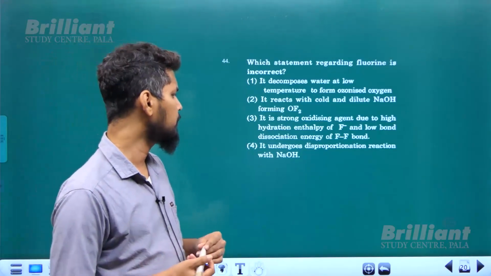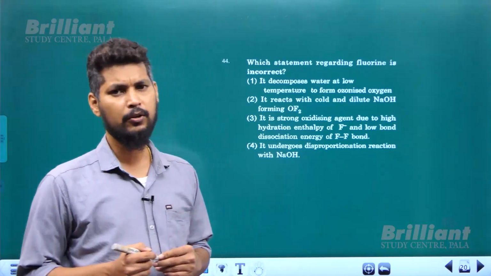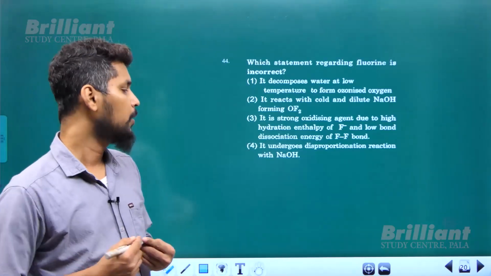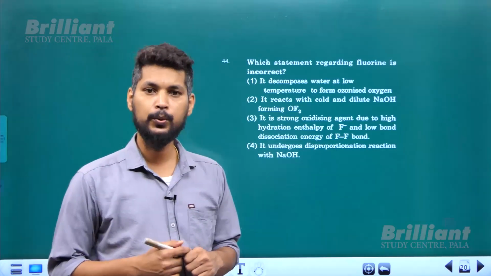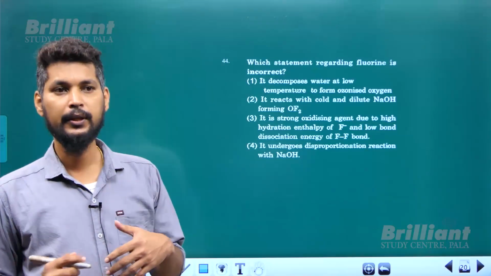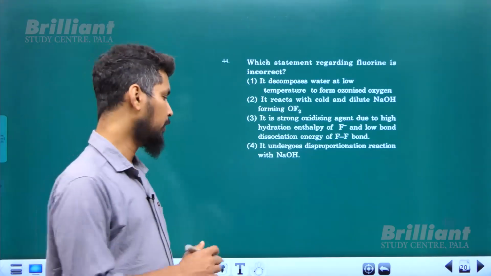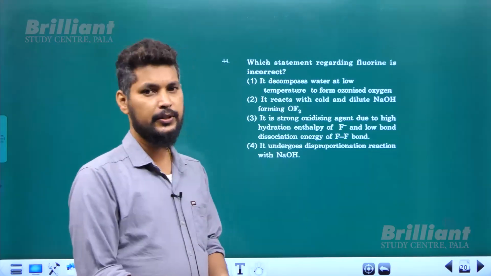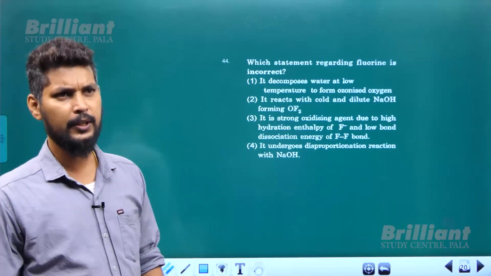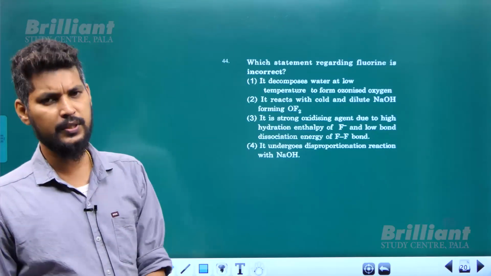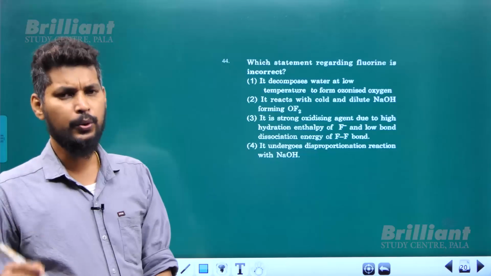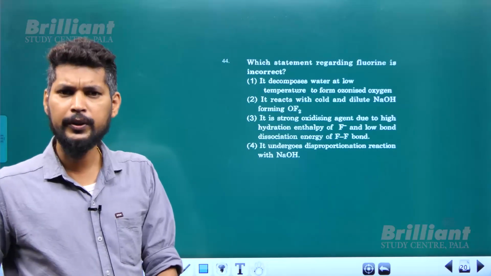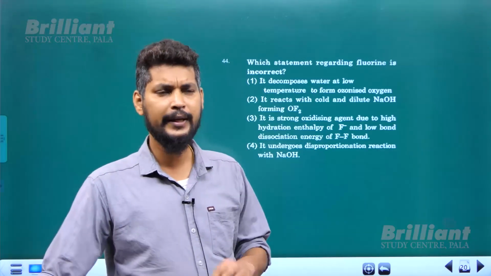Fourth one: it undergoes disproportionation reaction with sodium hydroxide. That is wrong, because fluorine cannot undergo disproportionation; in F2 the oxidation state is 0. Oxidation taking place means its oxidation state must increase from 0 to some positive value. We know that fluorine is the most electronegative element.